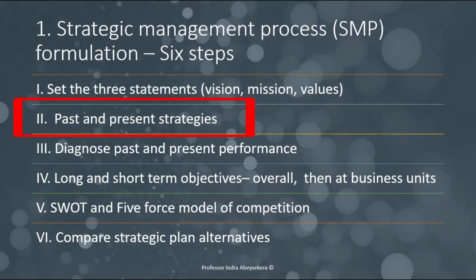Second is to examine the past and present strategies. Third is to diagnose past and present performance. Fourth is to examine long and short-term objectives overall, then at business units.